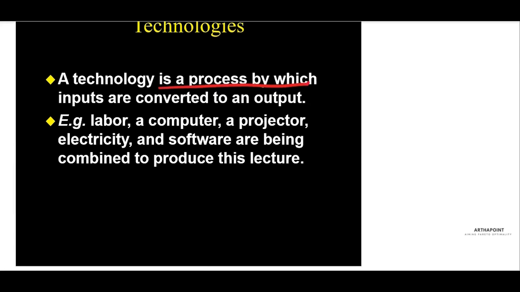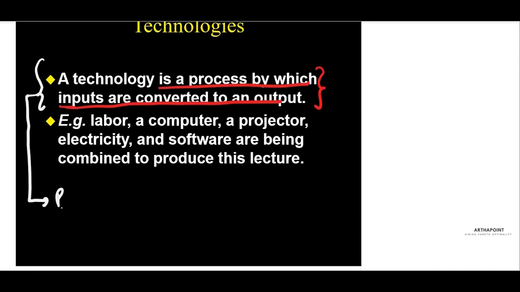This is the process that is actually used to convert inputs into outputs. I will be talking about this in a little detail in the upcoming slides, but I want to focus on production function. What is a production function?